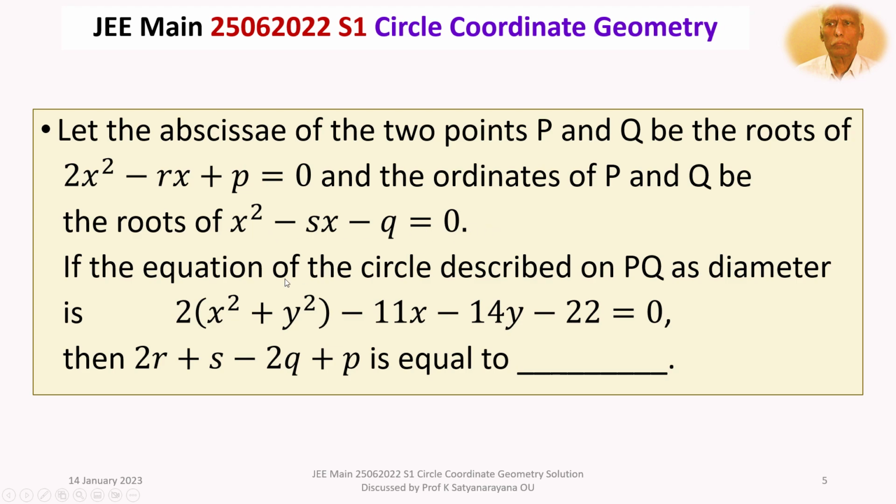And we are further given the equation of the circle described on PQ as diameter is 2 times in brackets x square plus y square minus 11x minus 14y minus 22 is equal to 0. Then we are required to find the value of 2 times r plus s minus 2q plus p.